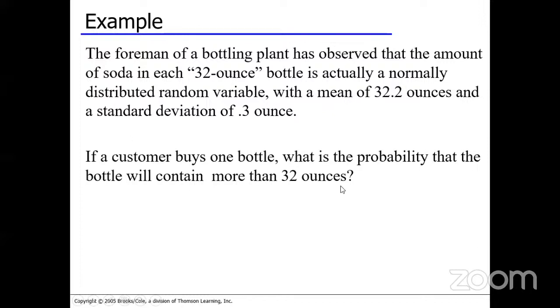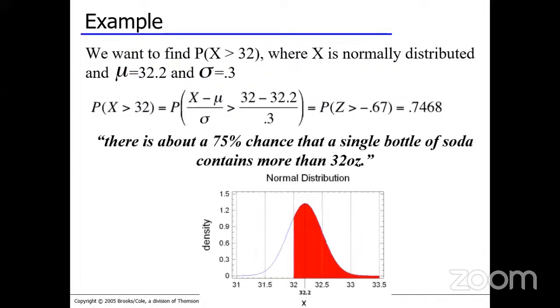So we are looking to calculate the probability of X more than 32, where the mean and standard deviation are given. Again, we'll go by the same formula and convert it to the standard normal variable.